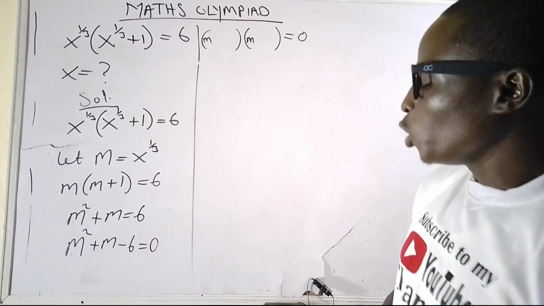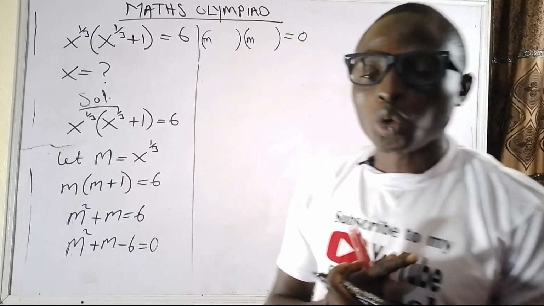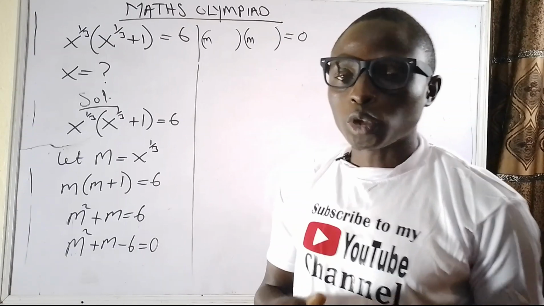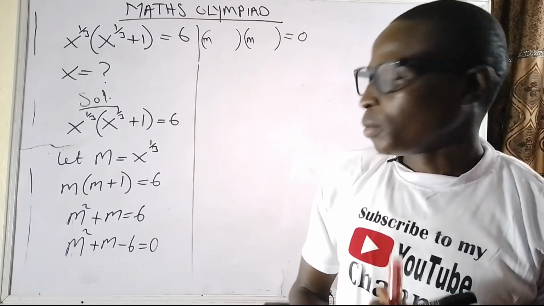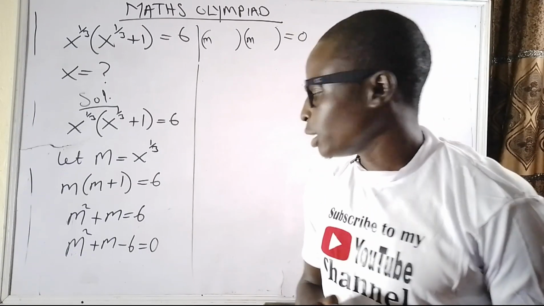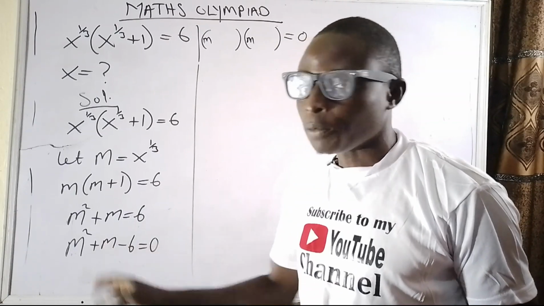I still have to look for two numbers, which in a quadratic equation we call factors, that when we multiply the two, the result will be -6, and when we add them, the result will be +1, because the coefficient of m here is 1.